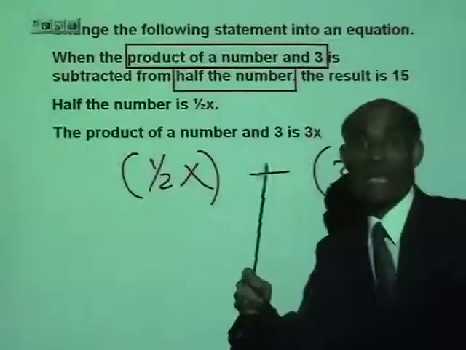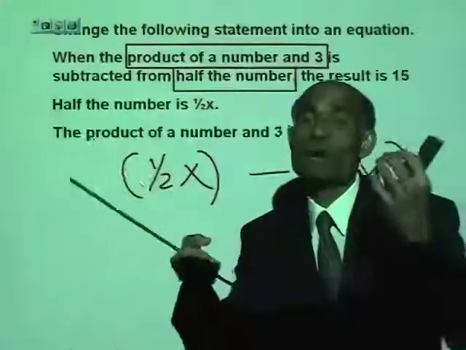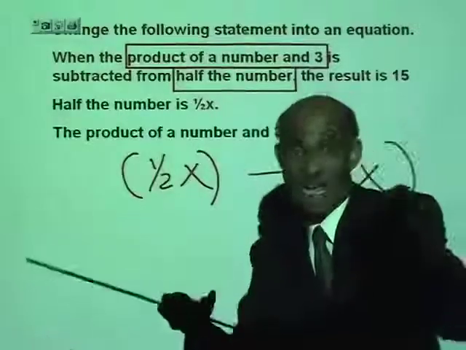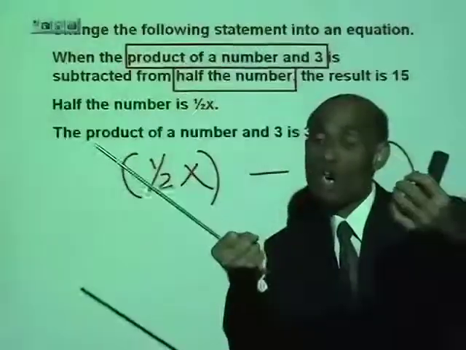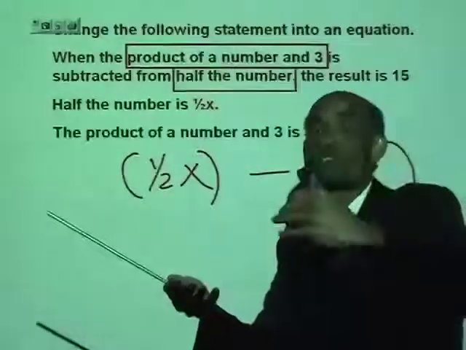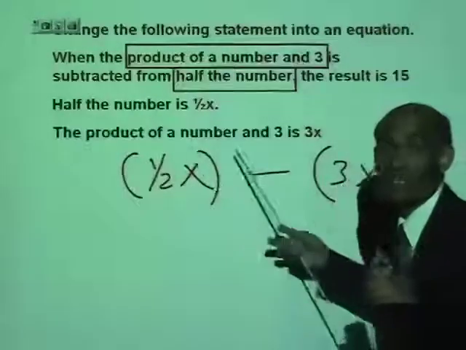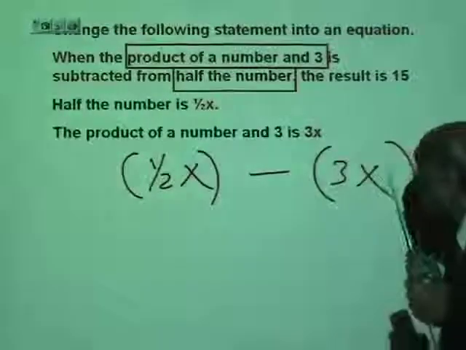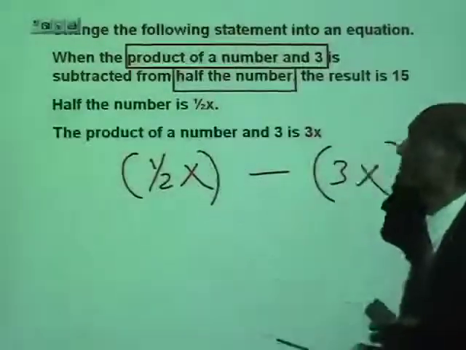You see, once again, how do you subtract $2 from $10? 10 minus 2. Subtract $20 from $100. 100 minus 20. The "from" quantity is always on the left. Subtract 3 times the number from half the number.